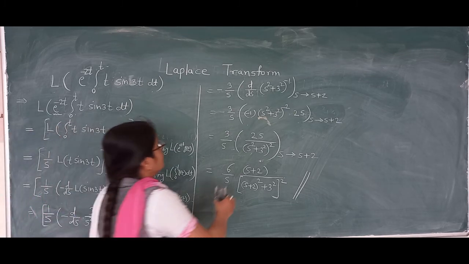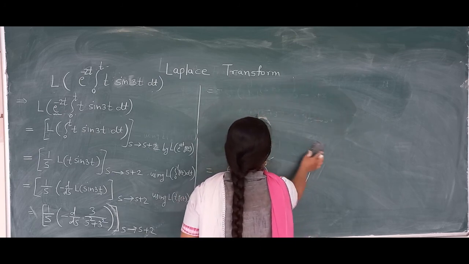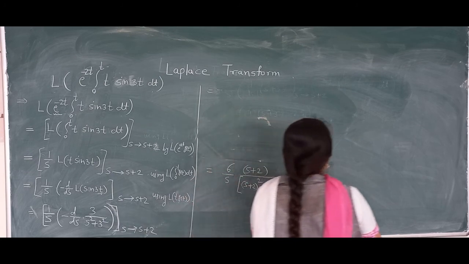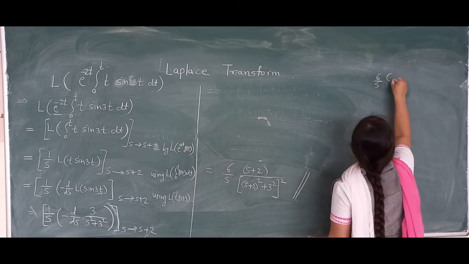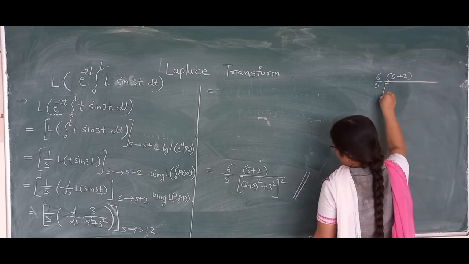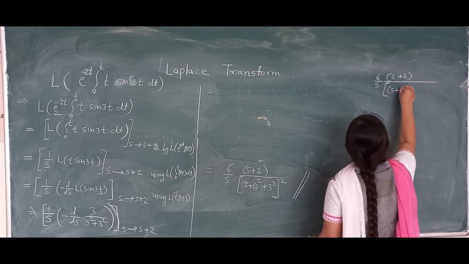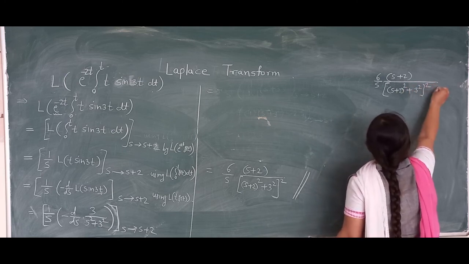Now I write out this answer. 6 by (s plus 2) upon ((s plus 2) whole square plus 3 square) whole square.